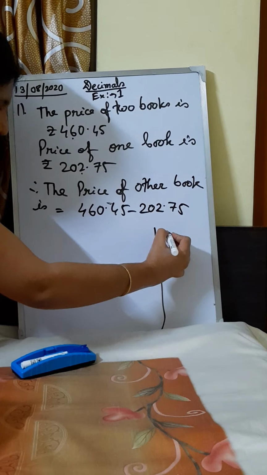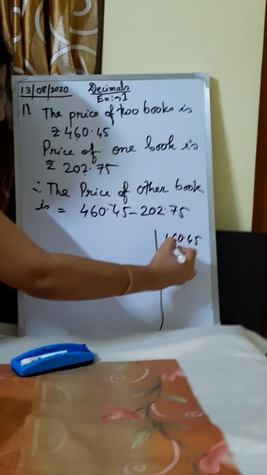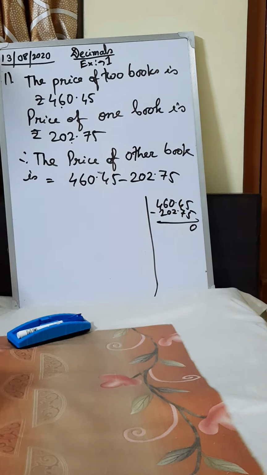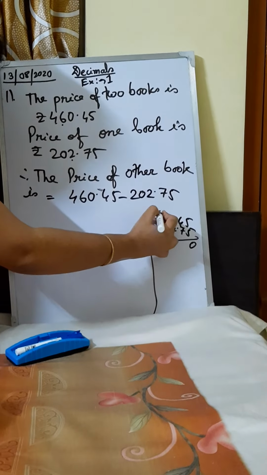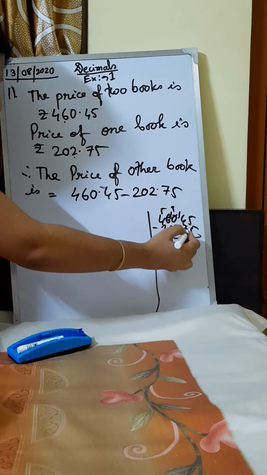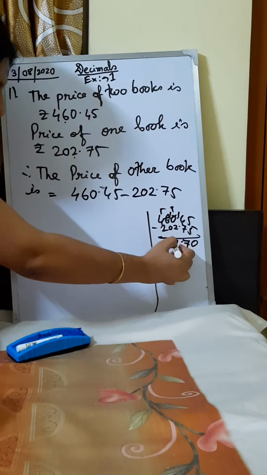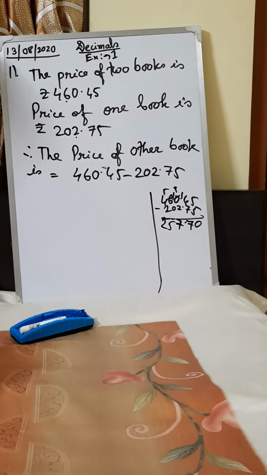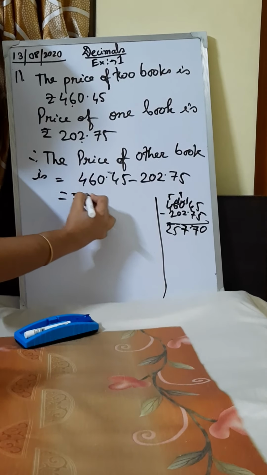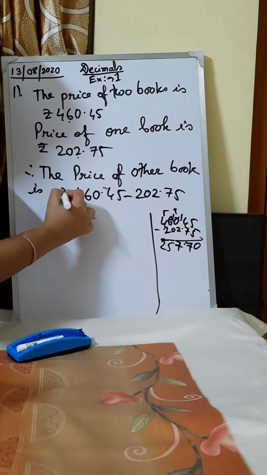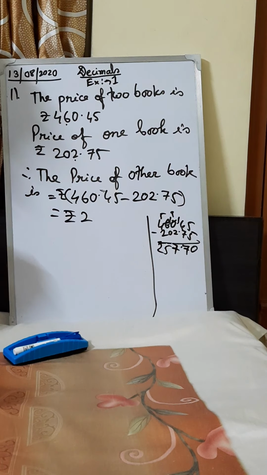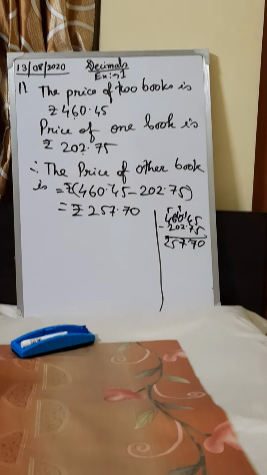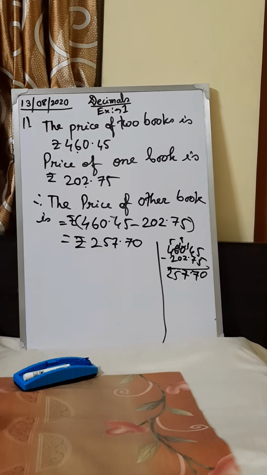You should do this in your rough work. Now 202.75: 5 minus 5 is 0. This is 14 minus 7 is 7, 9 minus 2 is also 7, then 5 and 2. So the answer is 257.70 rupees. Right?